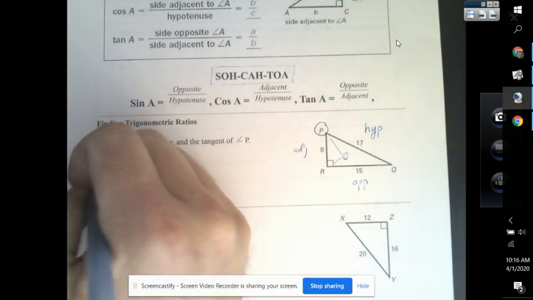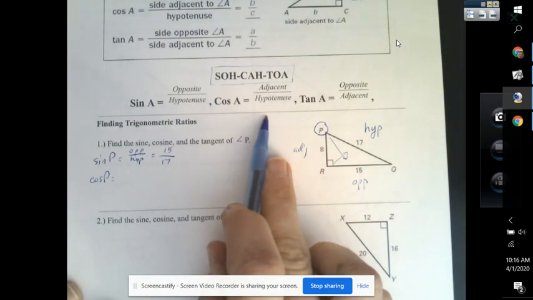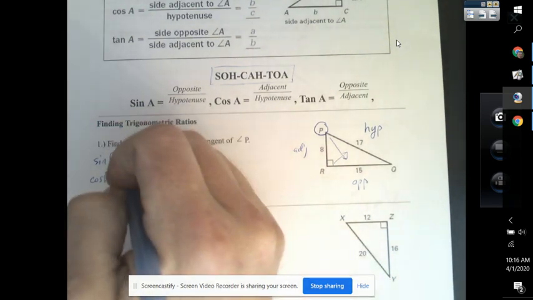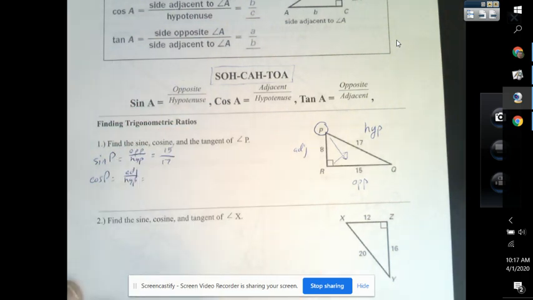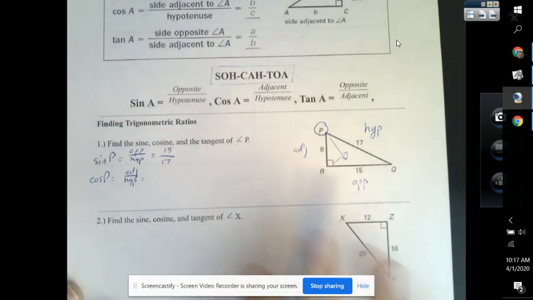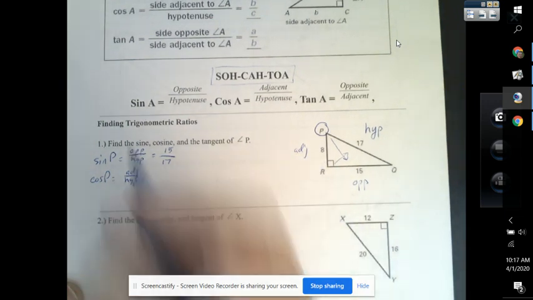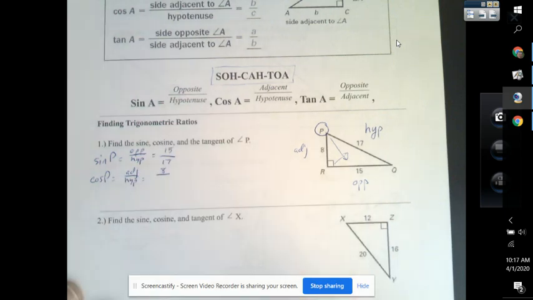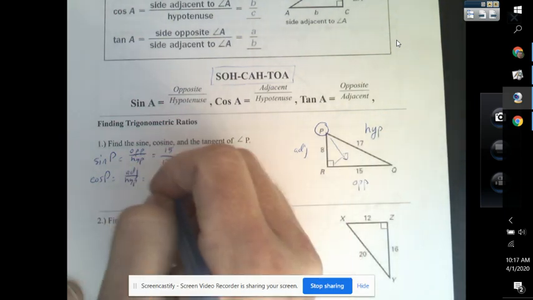Move on to cosine P. Notice our ratio changes. Adjacent over hypotenuse, ADJ over HYP. Over here, look at what you labeled, because we have to label them first. Adjacent is 8. My hypotenuse over here, again, is 17. You're going to see a lot of repeats.